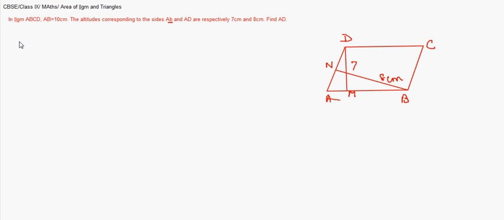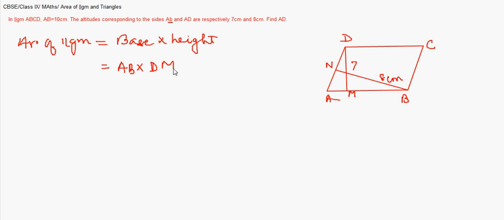Now how do we find the area of a parallelogram? It is base into height. So the area of parallelogram ABCD can be calculated either as AB into DM, or it can also be calculated as AD with BN.